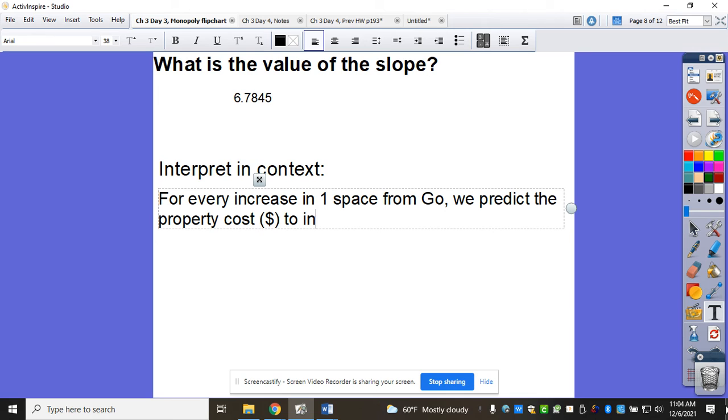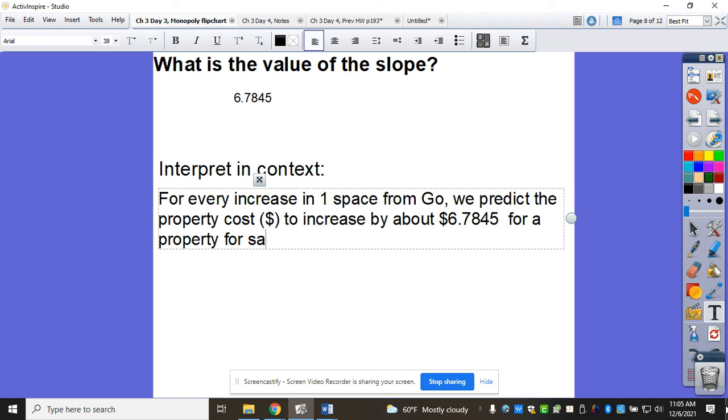Increase by about 6.7845. And what should I put there? Because that's units for your property cost. That should be there. To increase by about $6.7845. And then what? For property, we're not taking. And that just depends on how you define it initially. Questions on that?